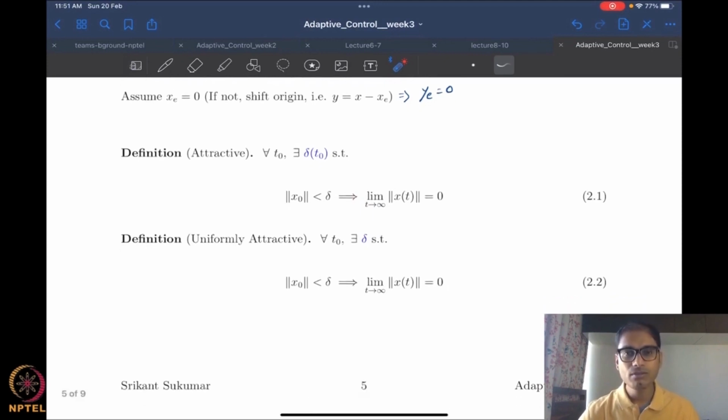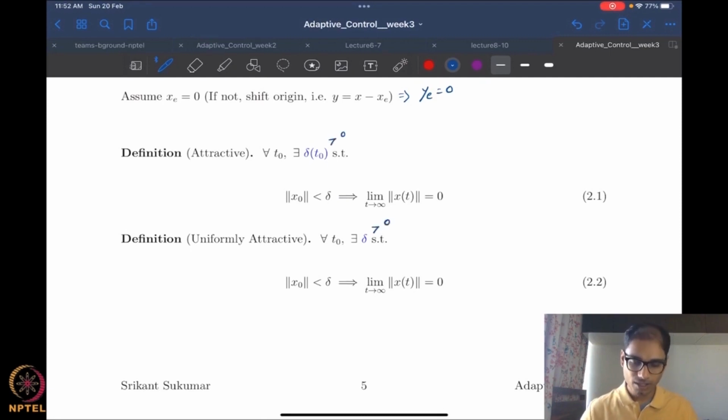As usual, we also have the notion of uniform attractivity. So what is uniform attractivity? It is that for all t0 there exists a delta, and this delta doesn't depend on t0 either. Let me be a little more precise: here delta is positive, similarly delta positive.